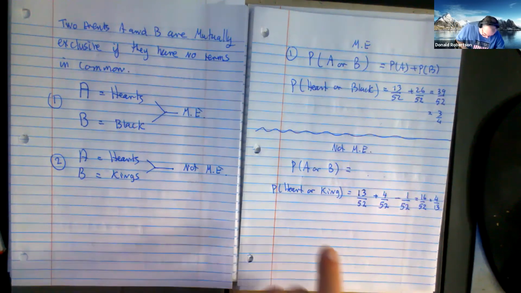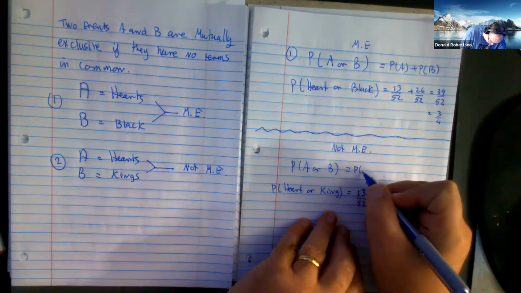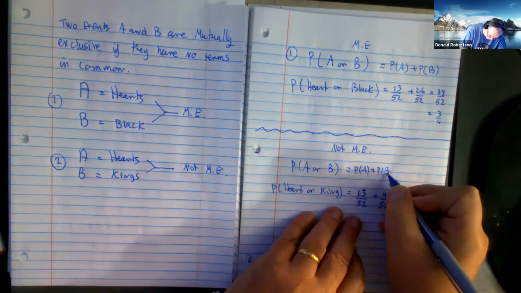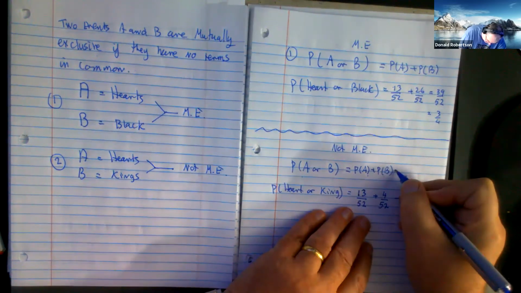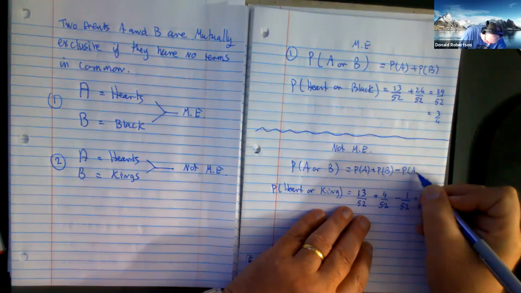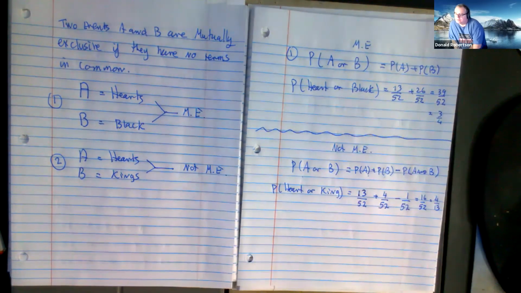Now, what did that look like as a probability? When they're not mutually exclusive, it's the probability of A plus the probability of B, and then you take away the probability of both, and both is called AND. Right, so if I went and said to you, what's the probability that you're a king and a heart?